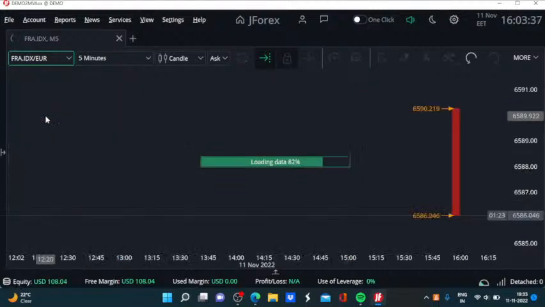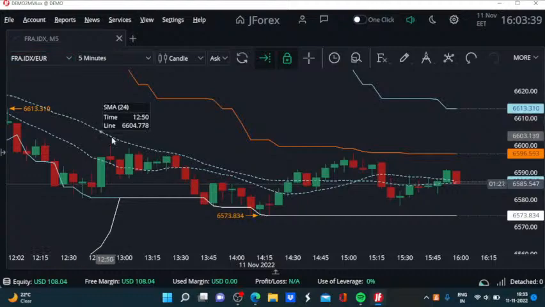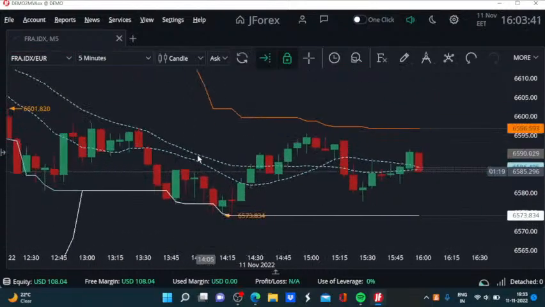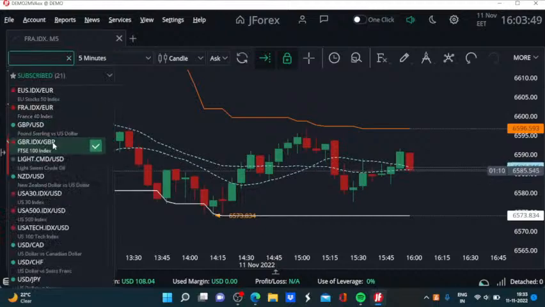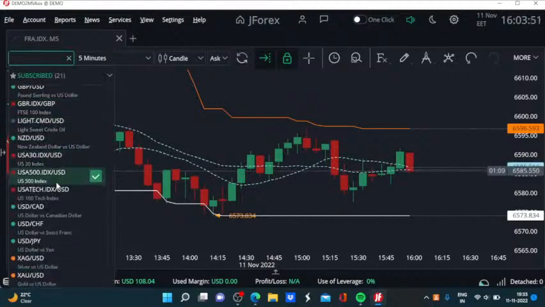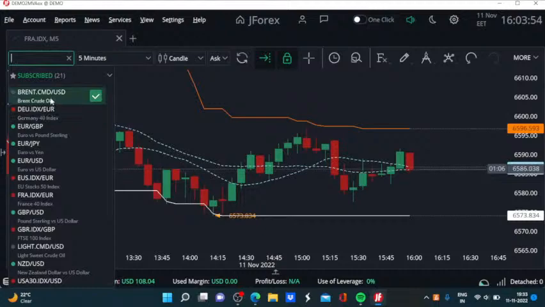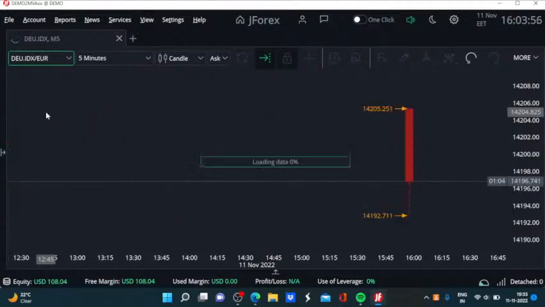I am expecting the similar price trajectory for the CAC 40, and here also the things are not that different. Let us see the DAX, German 40.